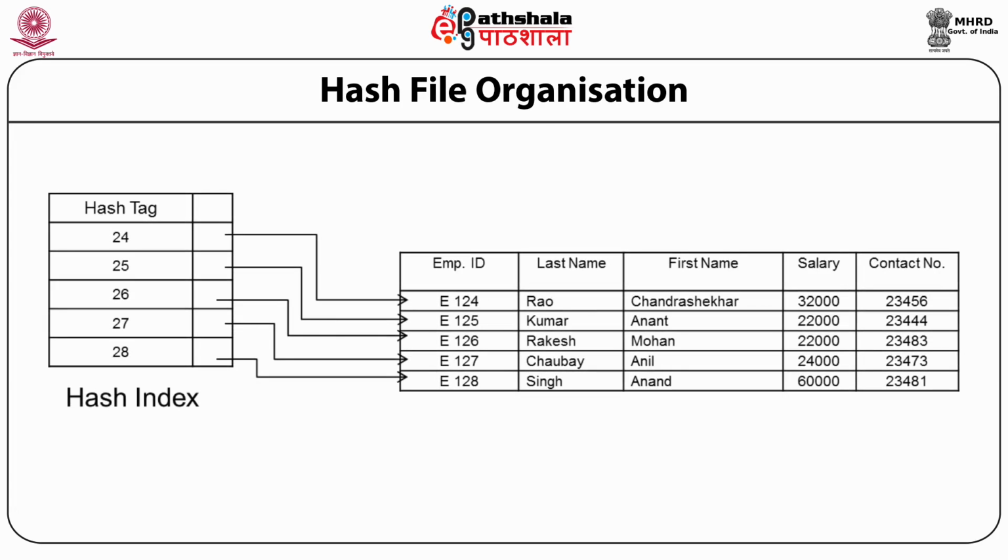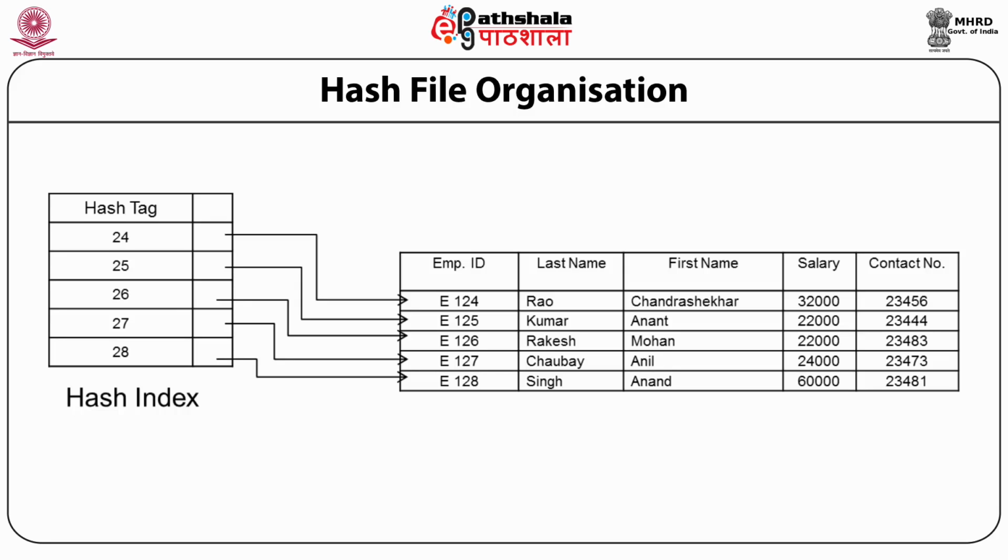This is a diagrammatic representation of hash file organization. Here you can see on the right hand side we have several records with different fields like employee ID, last name, first name, salary and contact details. On the employee ID field, the system has created hash tags, and these values are, to some extent, unique.